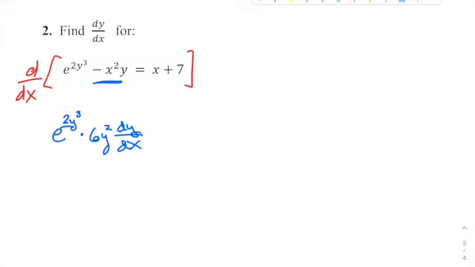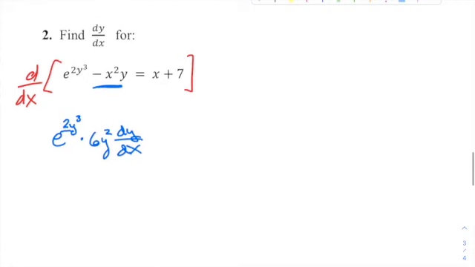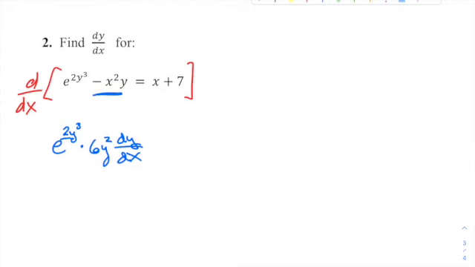So as always, if you're good with your product rule, you can do it right in your head. Go for it. If you like to make a little chart, a little organization, whatever helps you get the job done. So a is negative x squared and b is y.